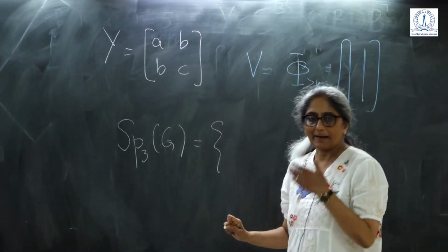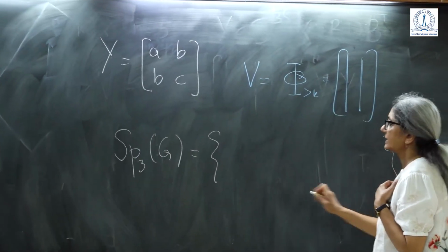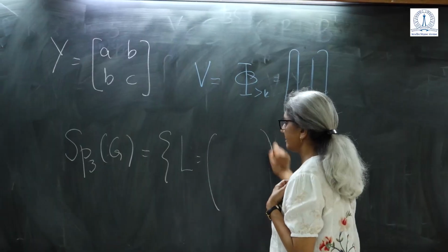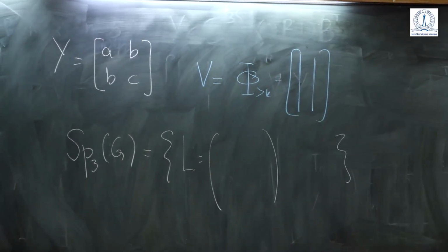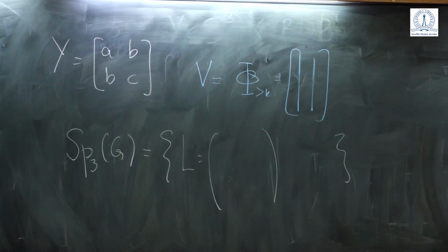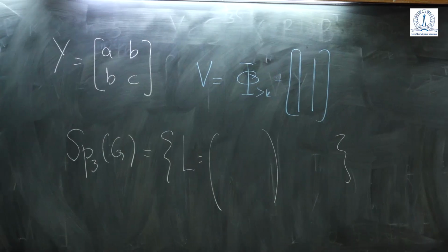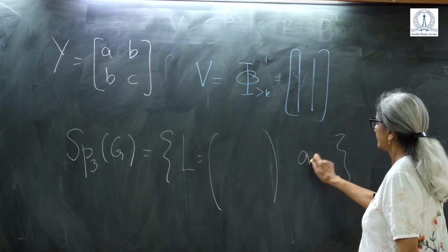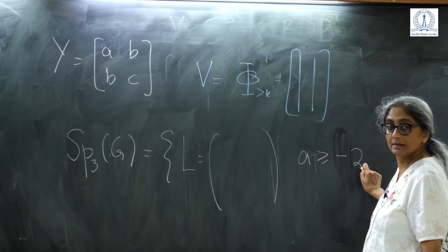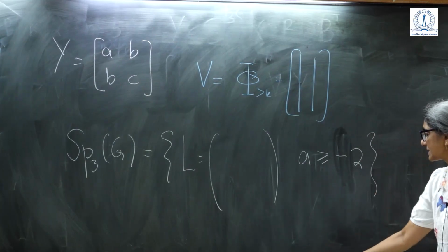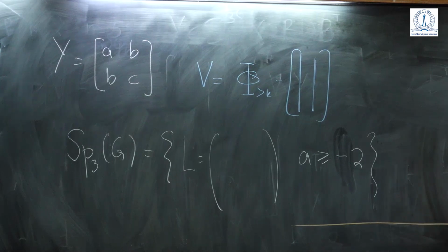So how many parameters do we have? There is some big L, right? You got some big L. But only one variable should be left. Do you agree? A. And what's the condition on A? A greater than this? Yes. Okay. So then the parameter space, do you see the parameter space?